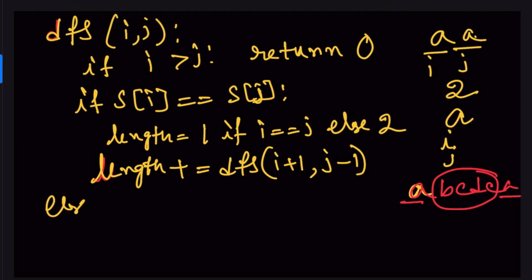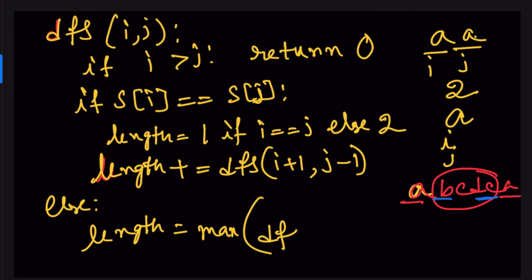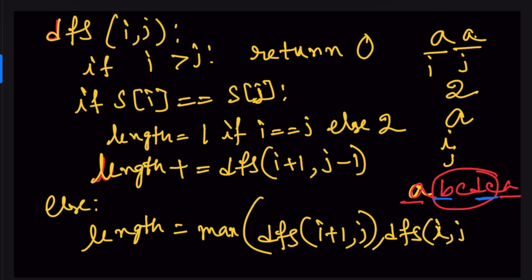Else, it means these two characters are not matching. Then length will be the maximum of, because we want the maximum length, the longest palindromic subsequence, right? Max of DFS(i plus 1, j) and DFS(i, j minus 1), right? So this is the maximum length we are getting. So let's return that length.